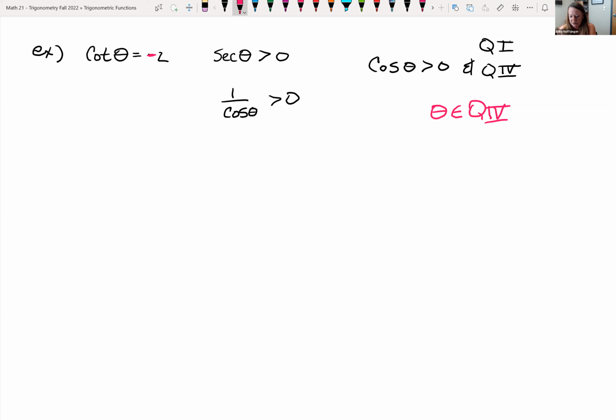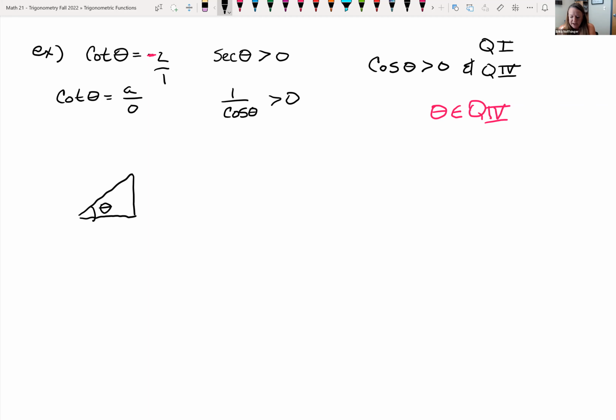So this is going to help me determine if my trigonometric functions are positive or negative there. I know that cotangent is the reciprocal of tangent theta, and tangent, SOH CAH TOA, is opposite over adjacent. So I know that cotangent theta is adjacent over opposite. So now I can form my triangle. And if it's a whole number, we can always put it over 1.